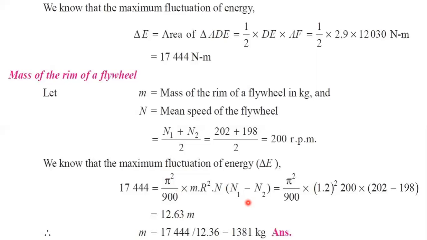Formula for del E is I omega square Cs. I can be written as m r square, omega can be written as 2 pi N by 60 whole square, and Cs can be written as N1 minus N2 divided by N into 2. If we reduce the equation, you'll be getting it like this. And finally substitute all the values and you'll be determining the mass value as 1381 kg.